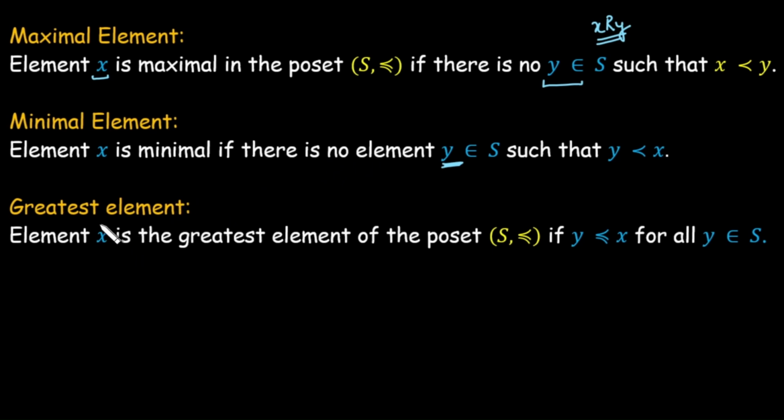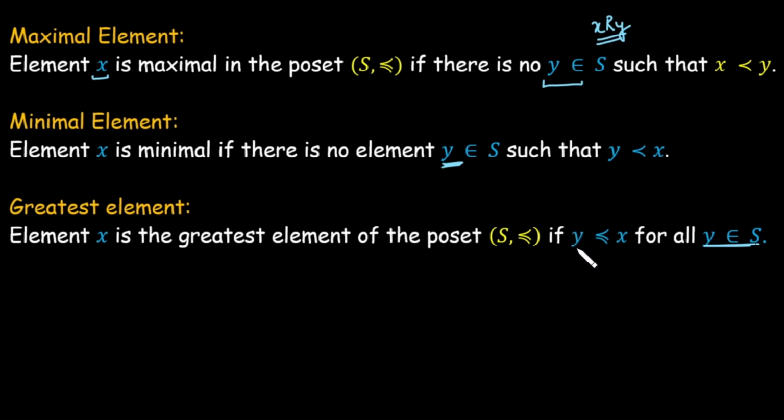So we call X a greatest element of the poset if Y is always less than or equal to X for all values of Y in a set S. That means X is greater than each and every element of the set.